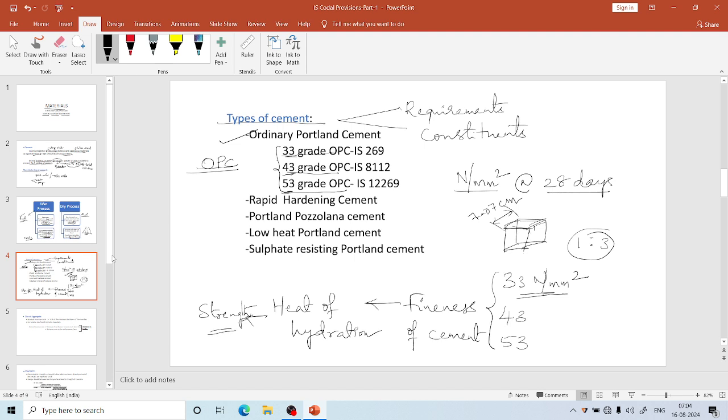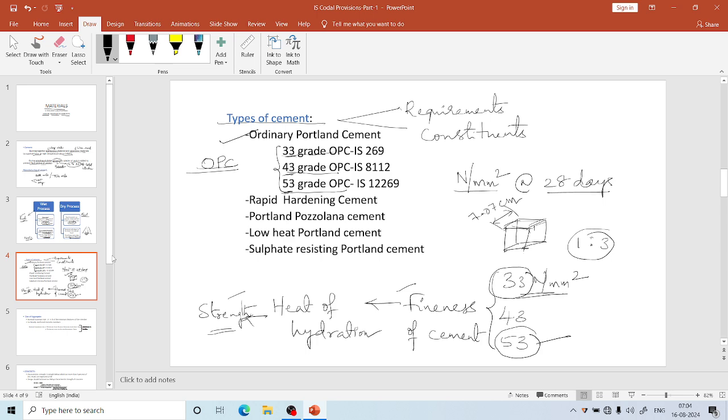So if fineness is more, the strength gain at 28 days will be more. From here we can infer that 53 grade OPC has more strength and more fineness when compared to 33 grade OPC. This is about OPC.